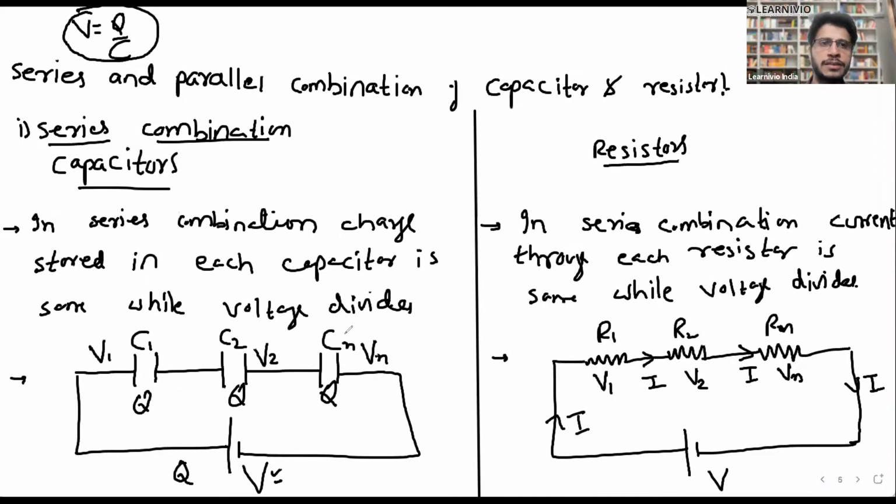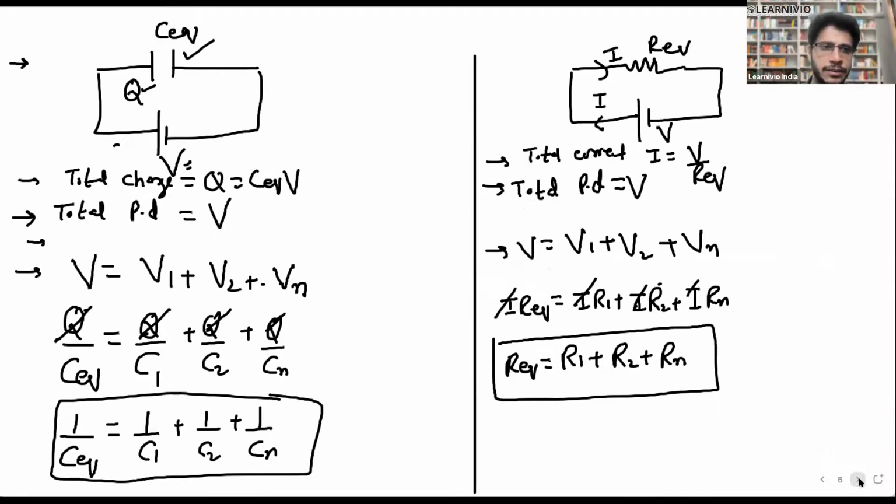See, if you have capacitors connected in series, then you remove all the capacitors and connect a single capacitor C equivalent. Total charge stored in C equivalent is C equivalent multiplied by V naught. Total voltage across the circuit is V only. This total capacitance C equivalent can be written as 1 by C equivalent is 1 by C1 plus 1 by C2 up to 1 by Cn.